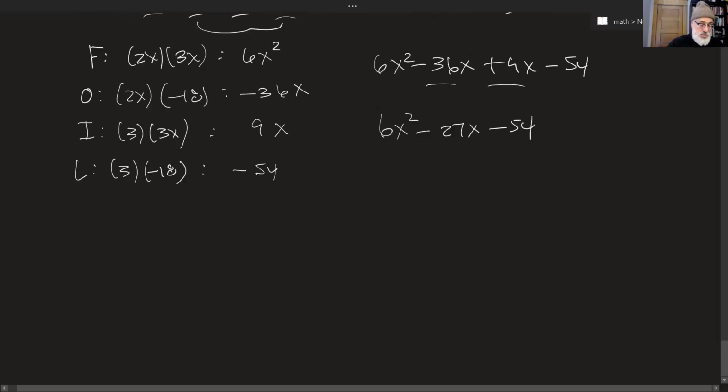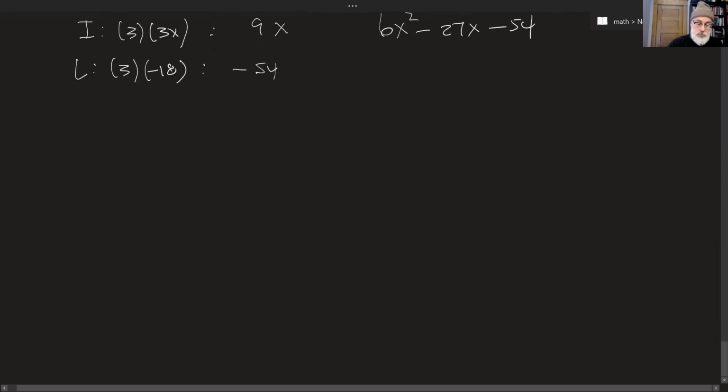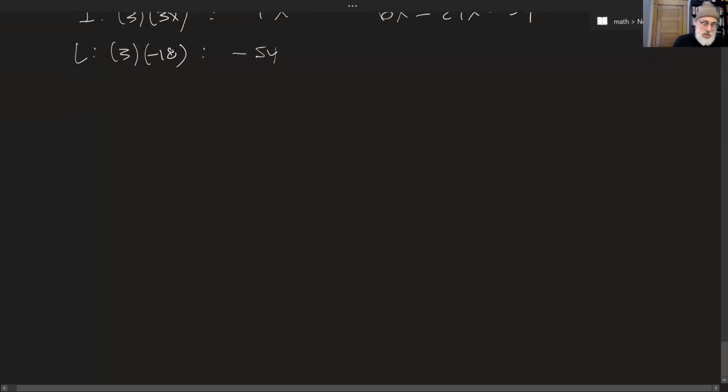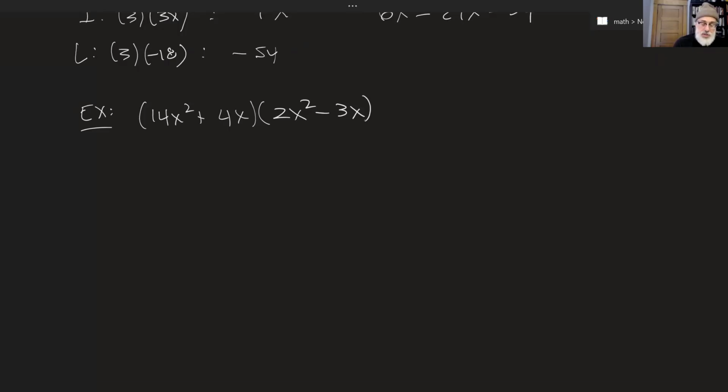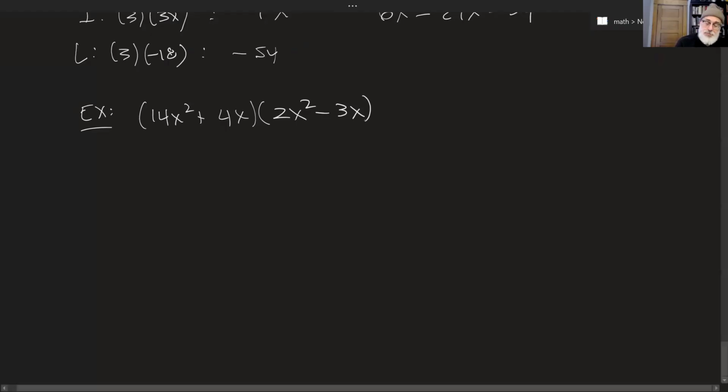Let's do another example here. Again, we're going to FOIL. It's just a different look, a little more complicated. Just to let you know that they don't have to have a particular look to them. They could be something like this. Now, when we get to the factoring preliminaries, you'll see that there's a way we could factor this first and then multiply, but let's just multiply this.